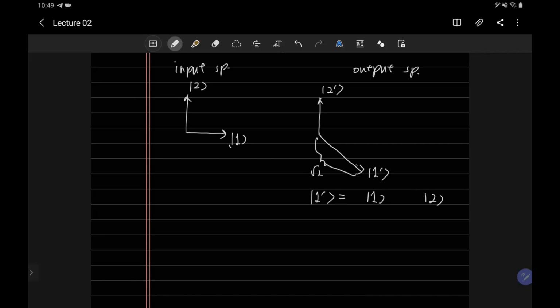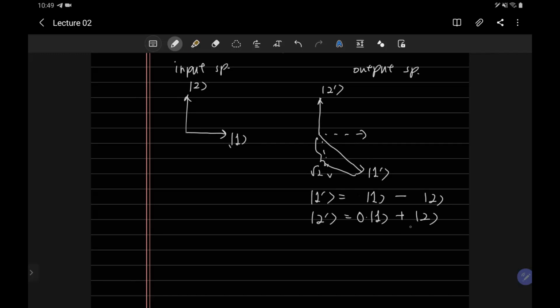From here, if this one goes like this and this one goes like this, then 1 prime is plus 1 and minus 2. And for 2 prime, that is 0 times 1 plus 2, something like this. This is a specific example.